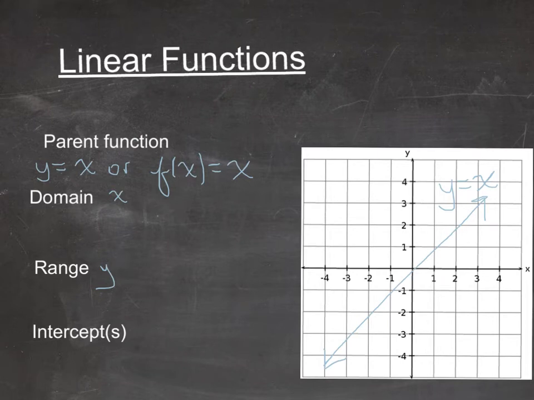If I were to draw a line from my graph up or down to the x-axis, how far could I keep doing that in either direction? You could go from negative infinity, all the way out in this direction as far as we want, or to positive infinity as well. So my domain is negative infinity to positive infinity.